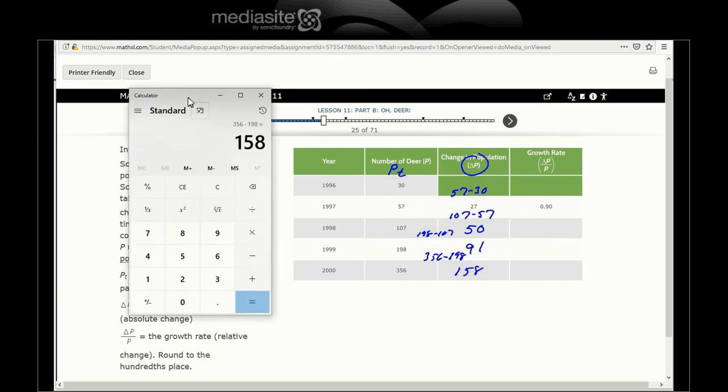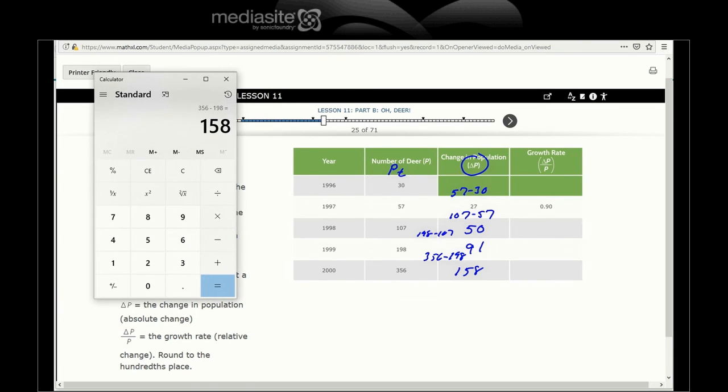All right. So growth rate, this is delta P over P. Delta P in this case is 27, and like the other things, you want to look at where you're changing from, 30.